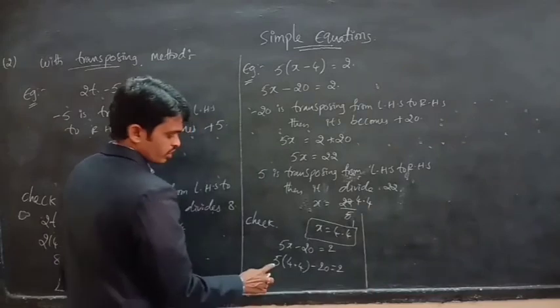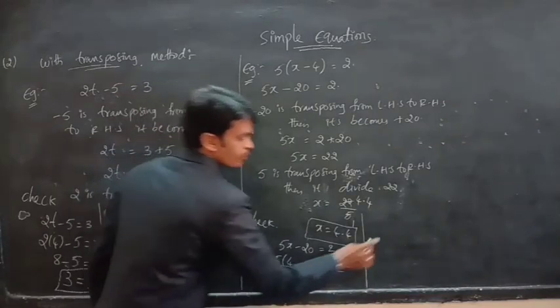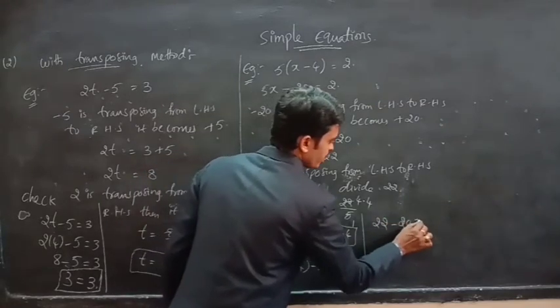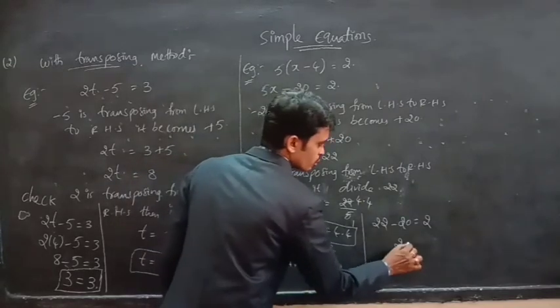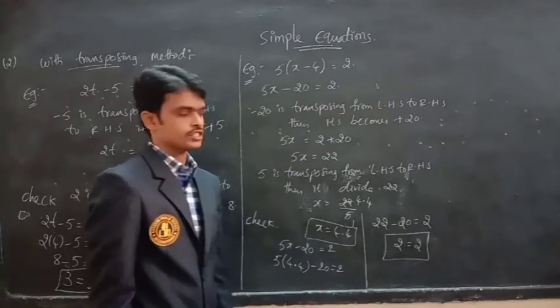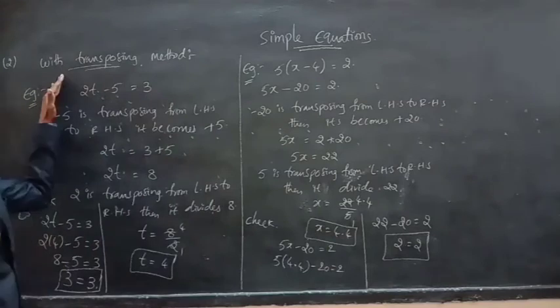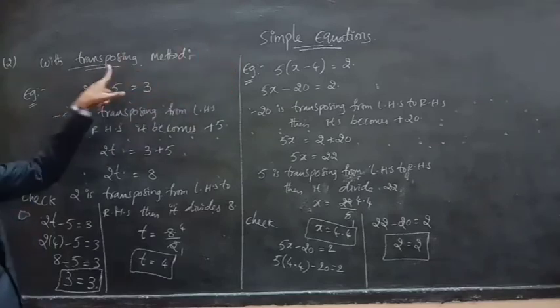Now how much is 5 into 4.4? 22. 22 minus 20 is equal to 2. Now LHS is equals to RHS. We verify the result.